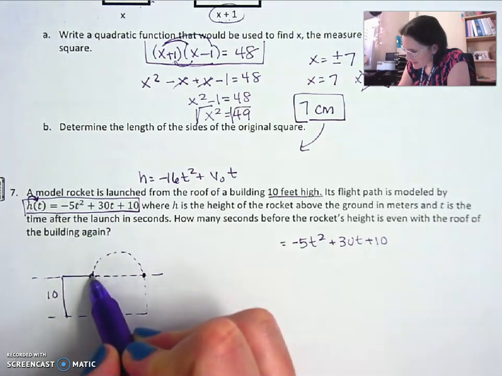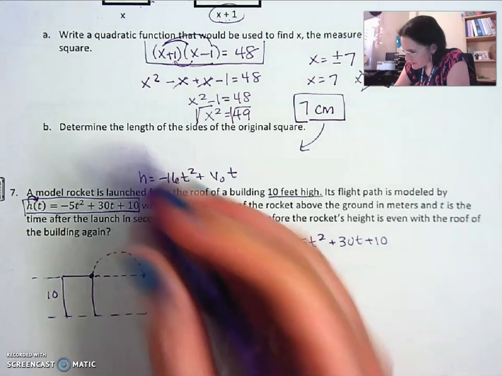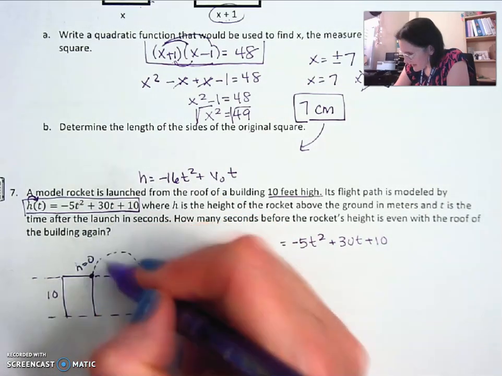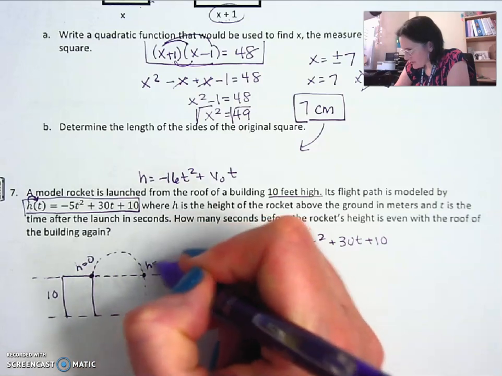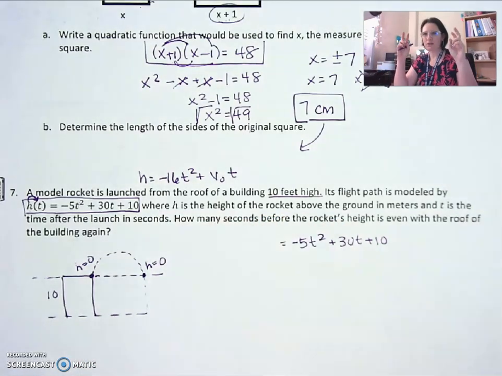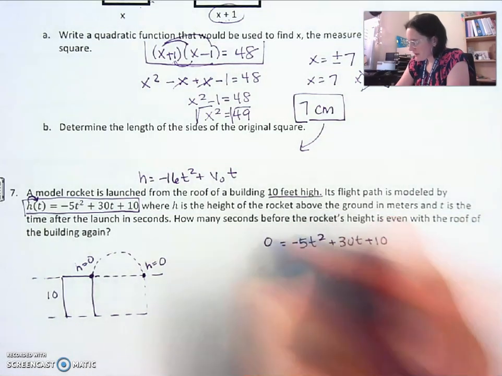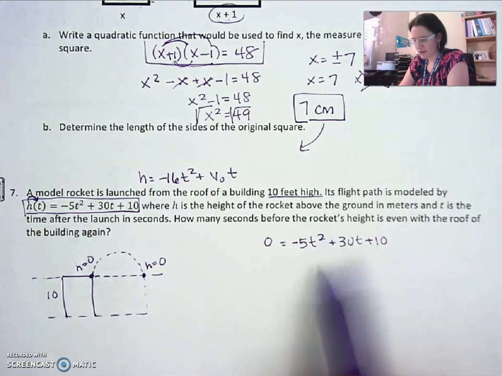Think about it right here as being 0. At time 0, the height is 0. And then, how long does it take to get back to a height of 0? It's like air quote 0, like consider the roof at 0. So then we're just going to put 0 in there, and then we're going to do math to solve.